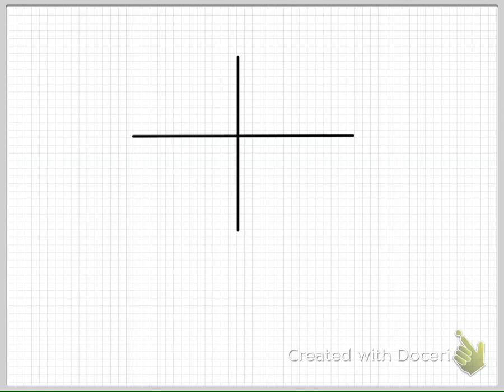All right, so let's look at some examples of what an x and y intercept are. Let's say we have a graph.